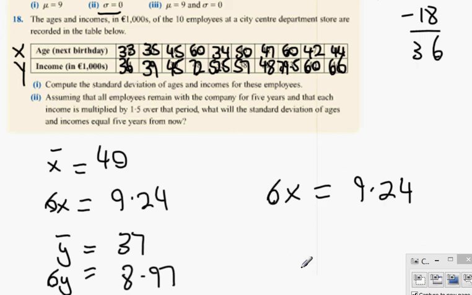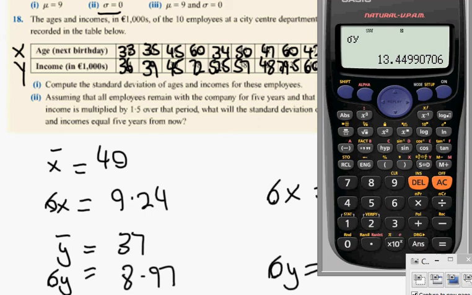Now, just out of interest, okay? The way I think is this. I'm going to divide the new standard deviation by the old standard deviation and see what happens there. Answer divided by the old standard deviation, 8.97, isn't it? 1.5. Do you notice that?